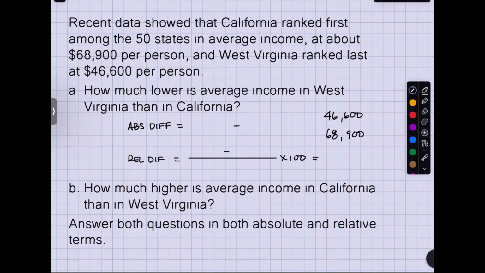So which one goes first, the 46,000 or the 68,000?